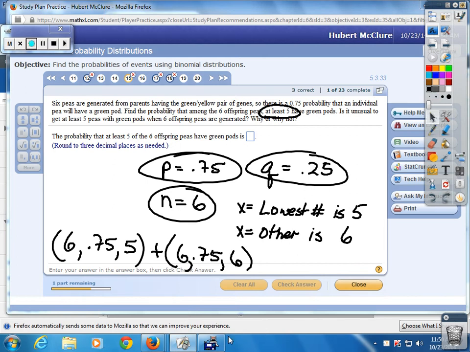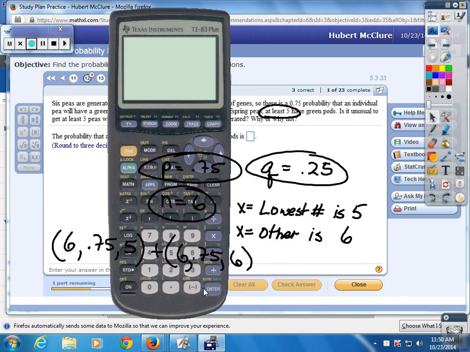Everybody has one. And you do second function entry, and binomial, 6, 0.75, and 5. And I'm just going to stow that.